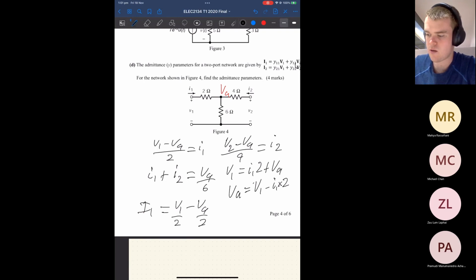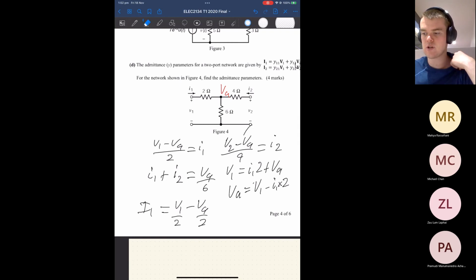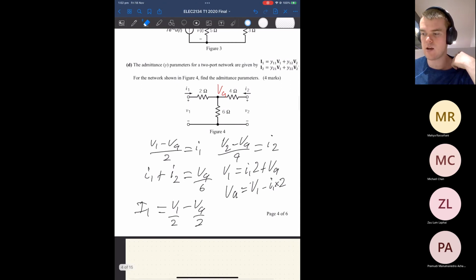The problem is, if we sub VA in, that's just going to cancel out, so we don't really want to do that. But we know that VA, we want to try to get in terms of V2 and V1.